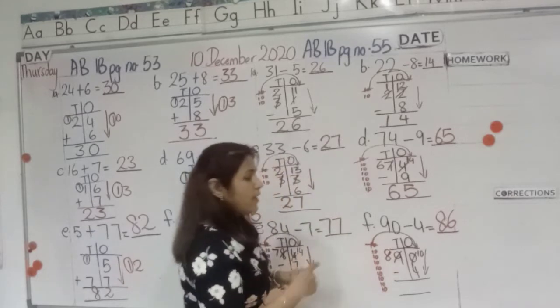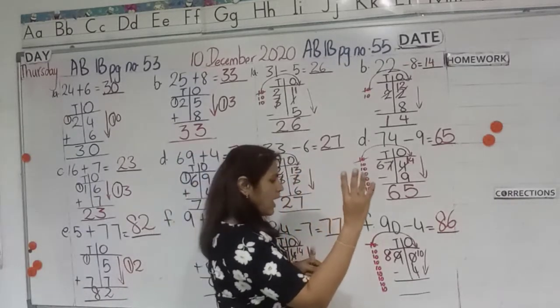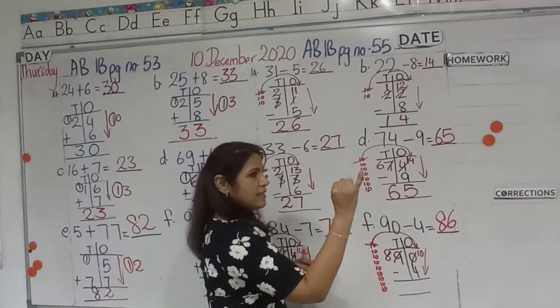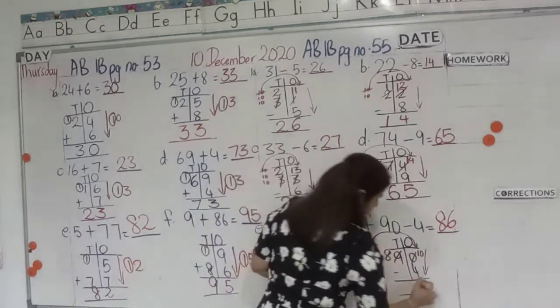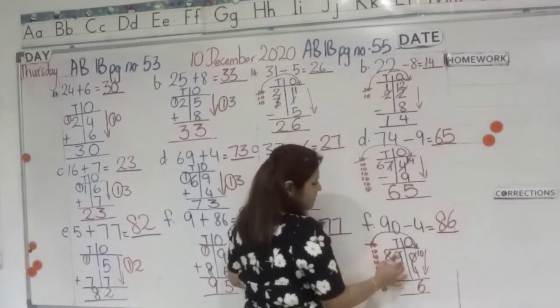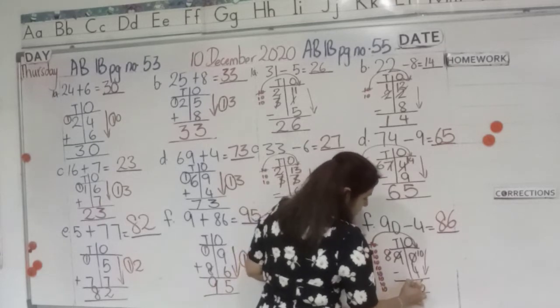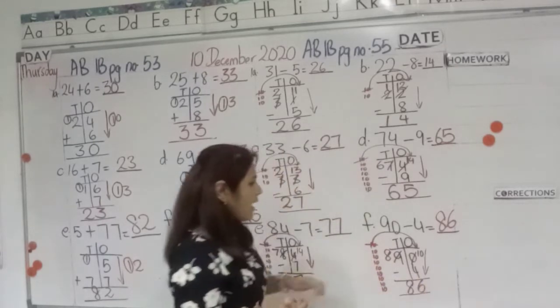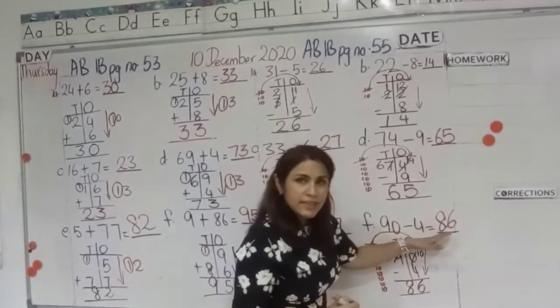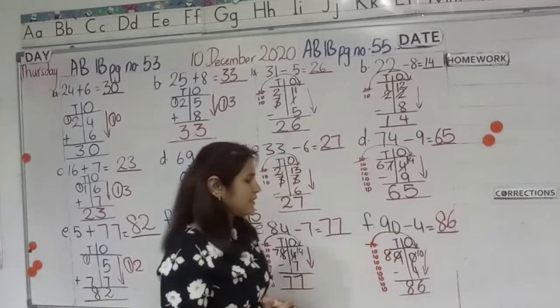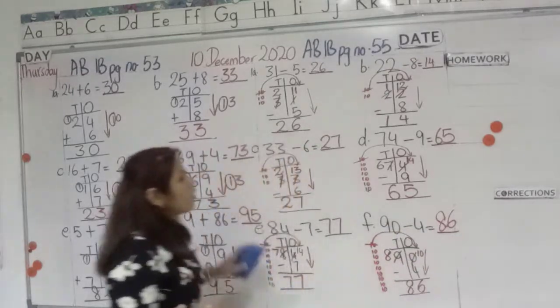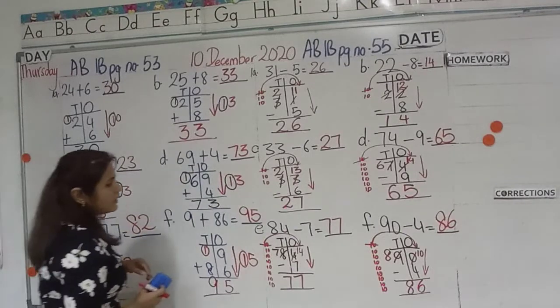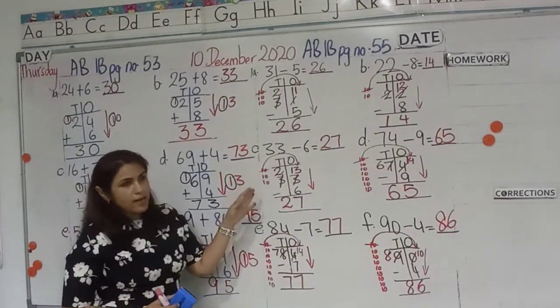So 10 in your brain, 4 on your fingers, backward count. 9, 8, 7, 6. So 8 minus nothing is 8. So you have got the answer here, 86. Correct. So this is how you will be doing the subtraction.